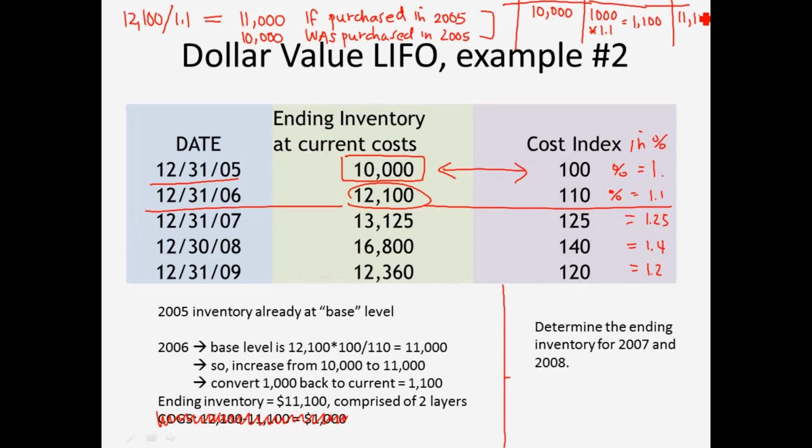Now, when I think about what I am doing, yes, this is like a little game or a puzzle. But no, what I'm going to do is take that ending inventory number, and that's going to determine my cost of goods sold. My cost of goods sold is: I get rid of my beginning inventory, which is $10,000, I get rid of all the purchases for the period, all the freight in, all that stuff, and then I add my ending inventory.